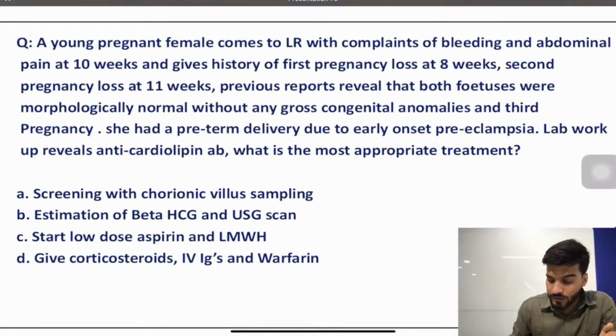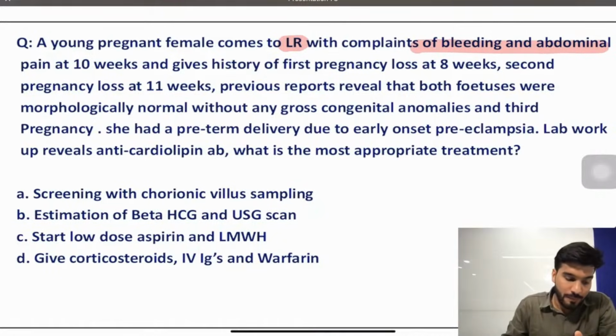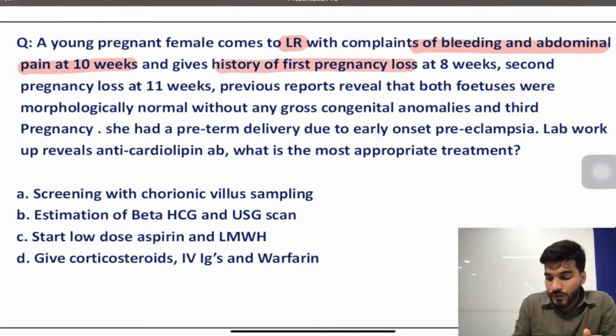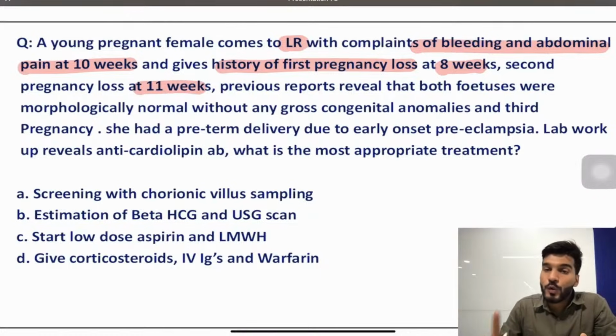This is exactly the same question that was asked in NEET PG 2021. A young pregnant female comes to the labour room with complaints of bleeding and abdominal pain at 10 weeks. She gives a history of first pregnancy loss at 8 weeks, second pregnancy loss at 11 weeks. I've already discussed the most common cause of first trimester recurrent pregnancy loss, APLA.